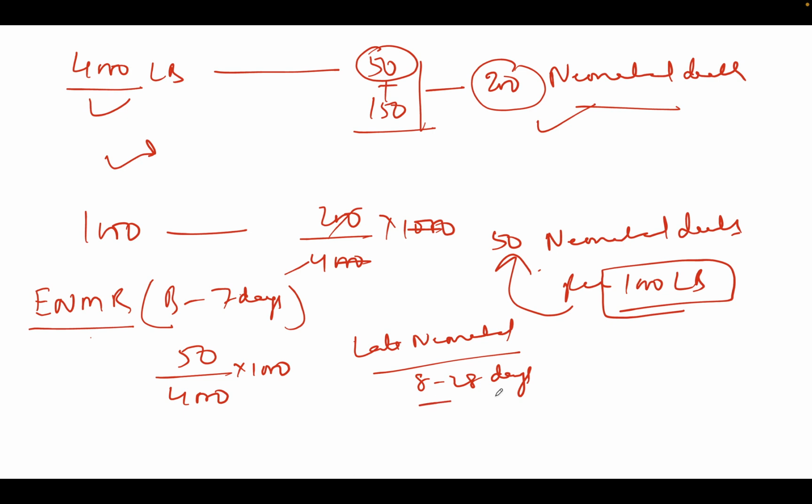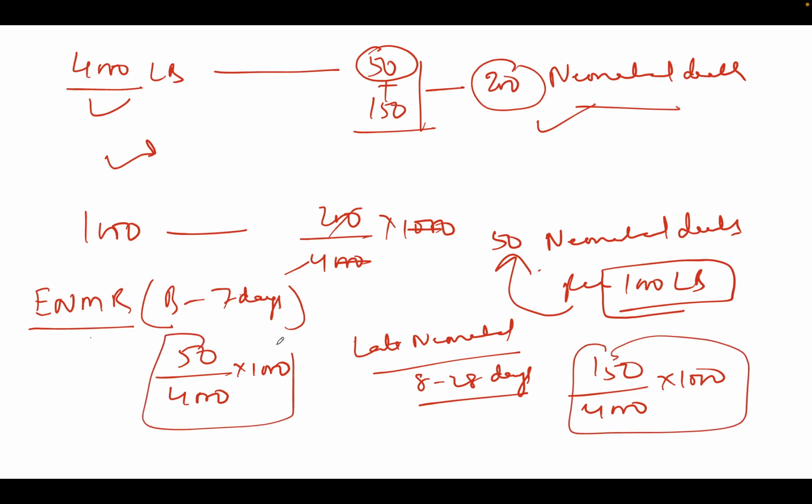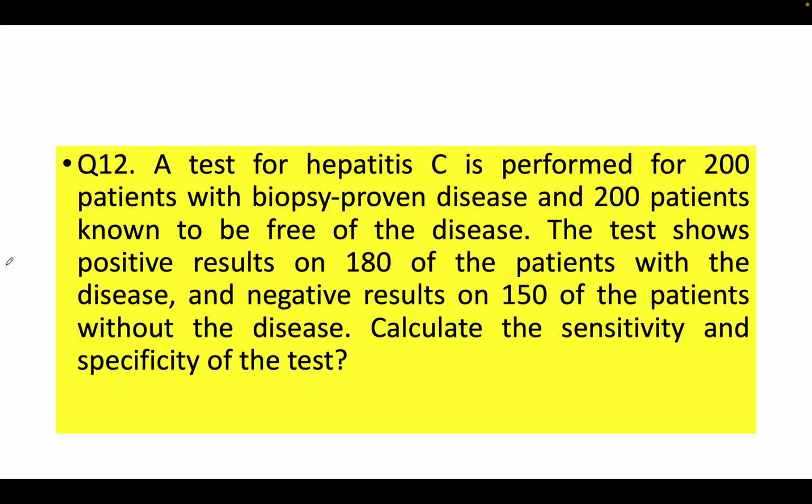That information I also have: 150 by 4000 into 1000. This is the way we calculate neonatal mortality rate, early and late neonatal mortality rate, and subsequently infant mortality rate, under 5 mortality rate, post neonatal mortality rate and all those. Okay, so this is the first question of today.